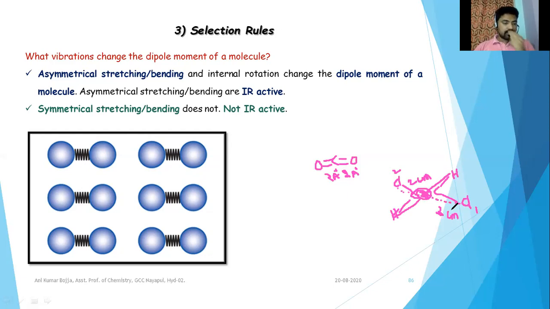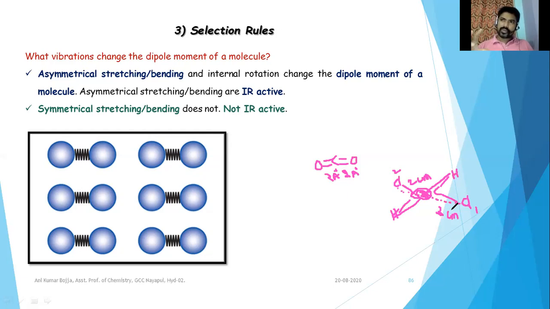From the center of the molecule, if we extend lines in opposite directions, and at the same distance the two similar atoms are reached, in the case of alkene molecules we say the molecule is a centrosymmetric molecule, or the molecule contains the center of symmetry. So if the center of symmetry is disturbed during the vibration, that vibration is called asymmetric vibration or asymmetric bending vibration.